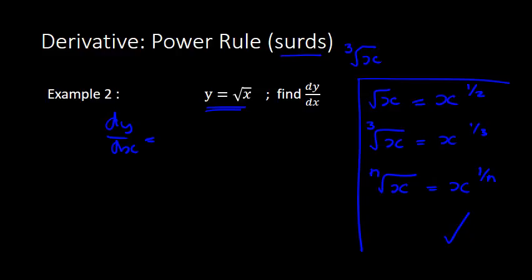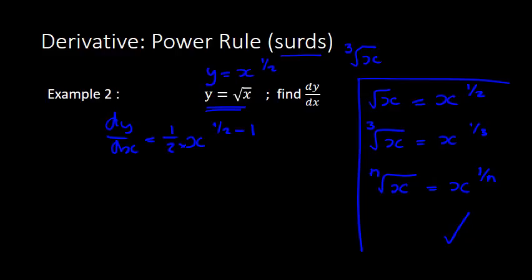we can proceed now to recognize that this can be re-expressed as y equals x to the power of a half. To find its derivative, we have the x to the power of a half, bring the half down the front because it was the old power, and subtract 1 from it.